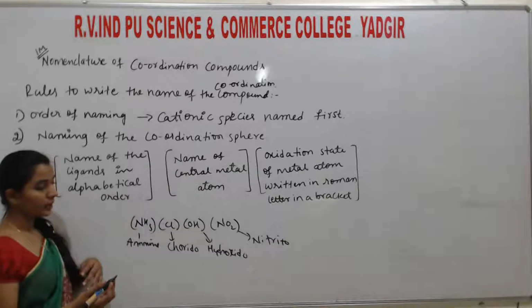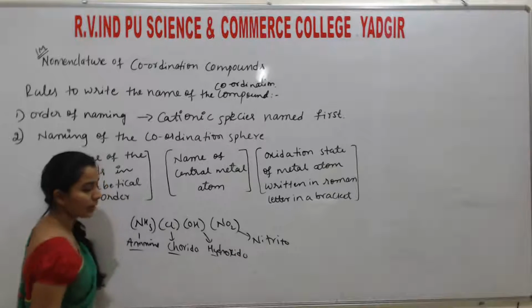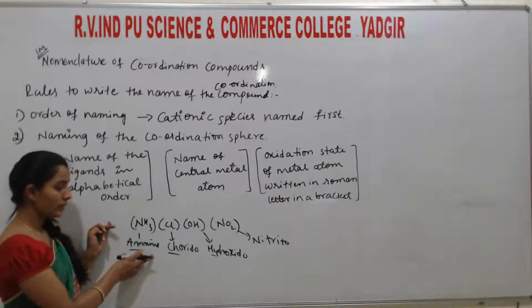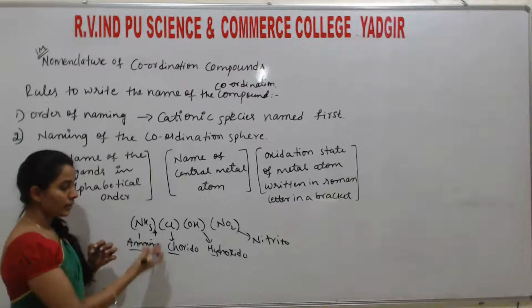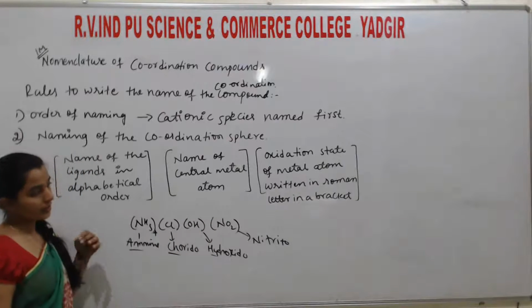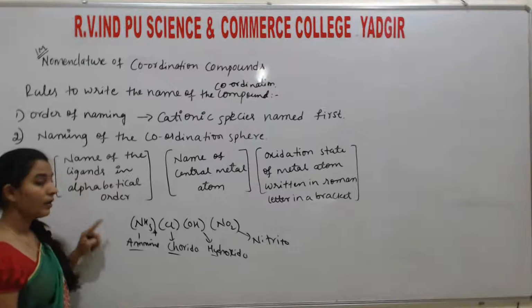According to alphabetical order, which one comes first? Amine, chloro, hydroxo, nitro. If it is 4 times, then it is tetraamine, like that. Next chloro, next hydroxo, next nitro. So the ligands are named according to the alphabetical order.